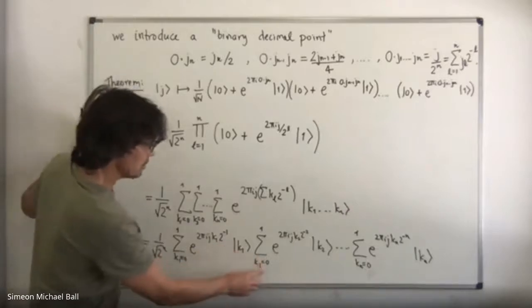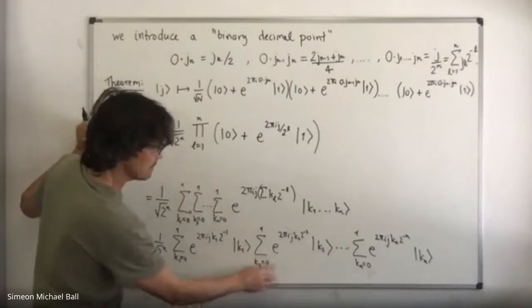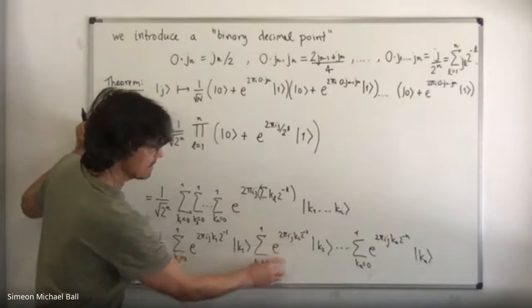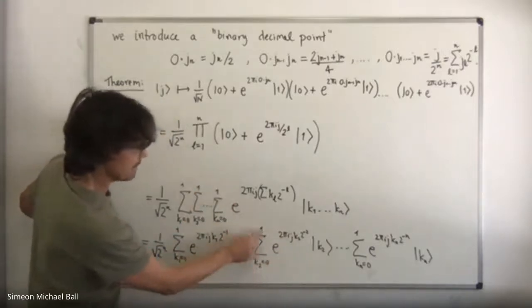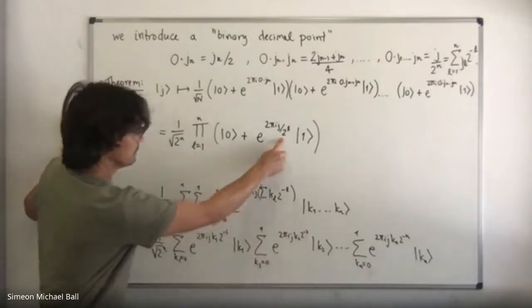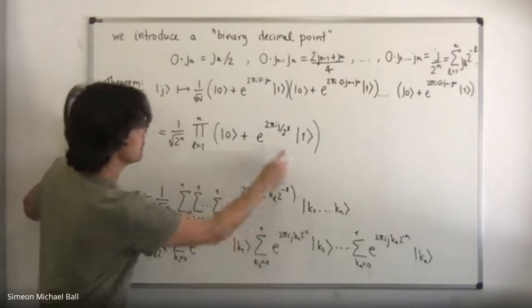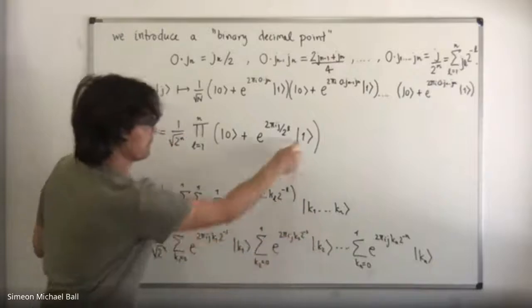Okay, and now the L is 2 term is this term. So when k2 is 0, I get k0. And when k2 is 1, I get 2 pi ij divided by 4. Sorry, 2 to the 2. Yeah, so this is the L is 2 term times k1.